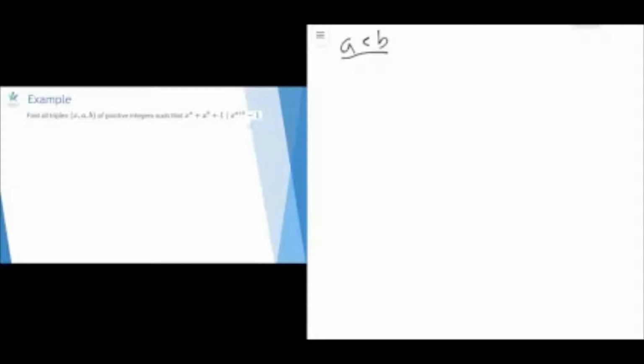How? Well, basically as a consequence of the division algorithm, we know that x to the a plus x to the b plus 1 divides x to the a plus b minus 1 plus the left-hand side, right?